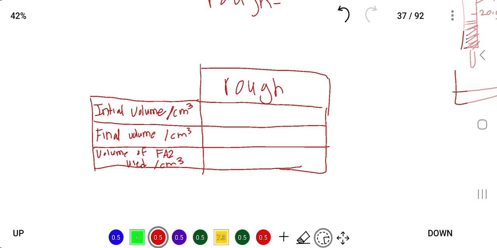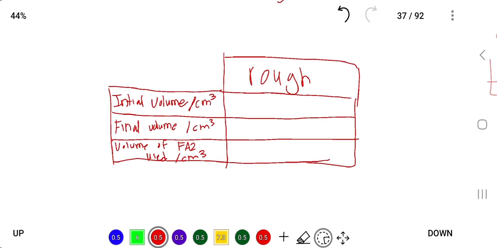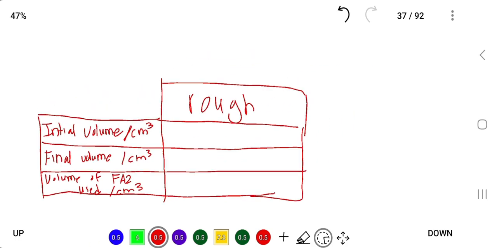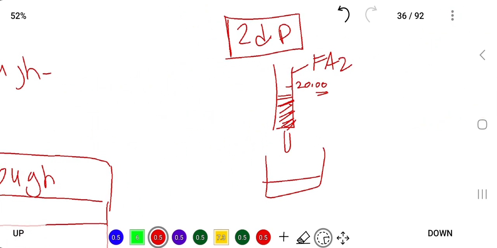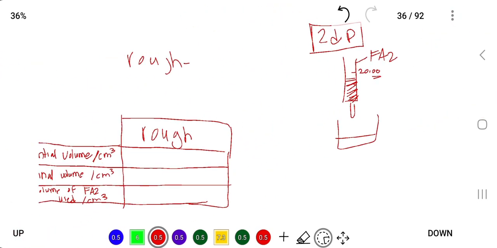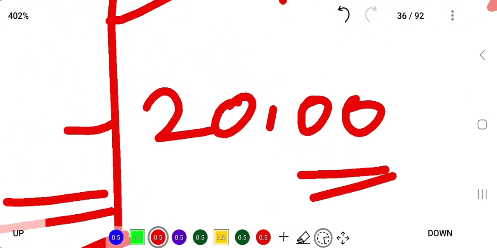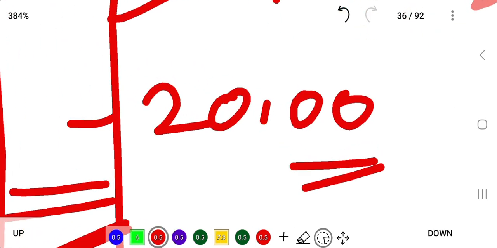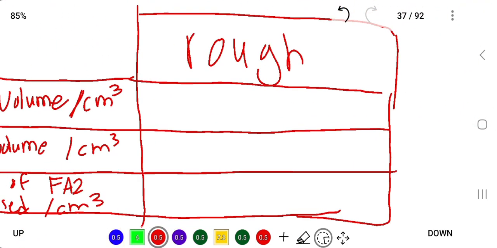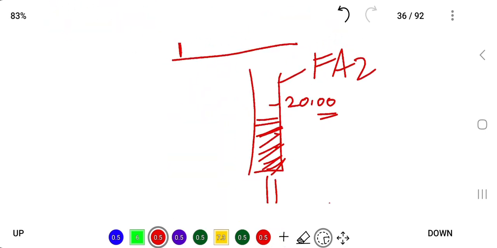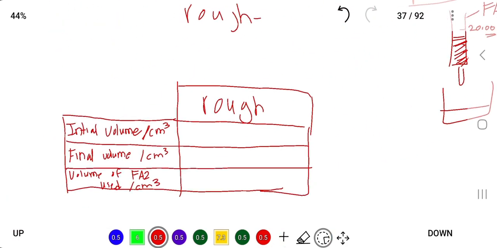It's rough, it's not accurate, but it should be within the teacher's value, so you should be sure to make the rough a little bit accurate, so you won't lose marks for the accuracy based on your teacher's, if you were in the school same as her, because it will be based on her results for you to get the marks. Let's say you got 20.00 and this is close to the teacher's answer, so you will put, that was your very first experiment, by the way, very first time to do the experiment, you're gonna say that this is the rough.